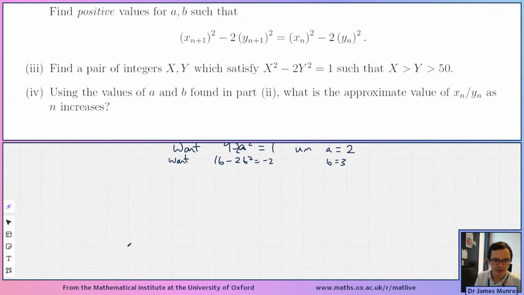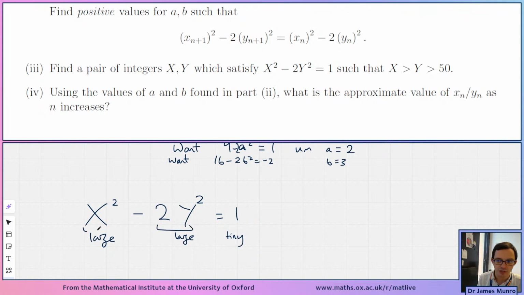If you've got really enormous x squared minus 2 times enormous y squared equal to 1, then this is large and this is tiny. So the crucial observation is that these two behemoths have got to basically cancel out. They've got to be large, the same size more or less, so that their cancellation leaves just a tiny remainder.